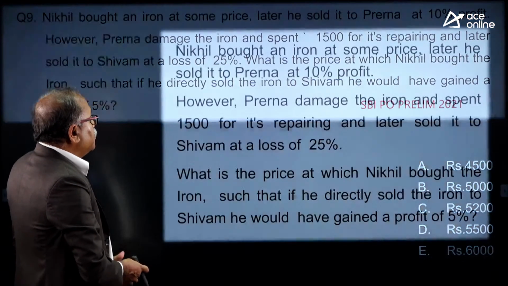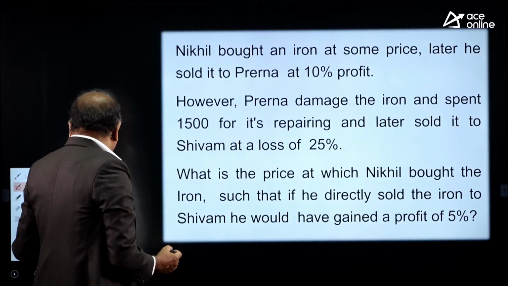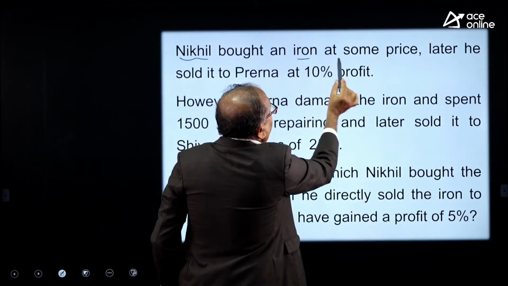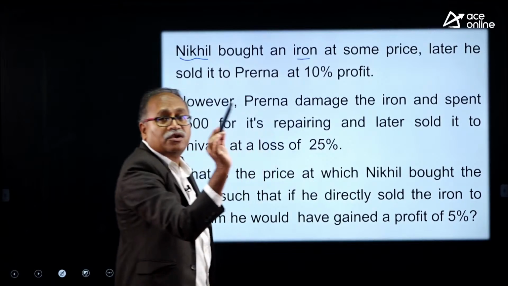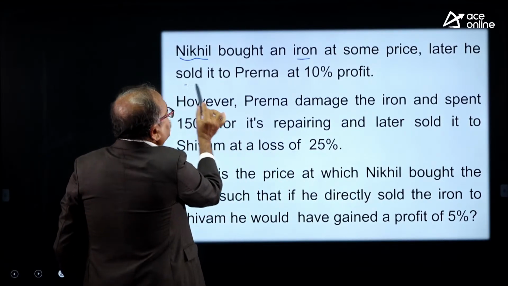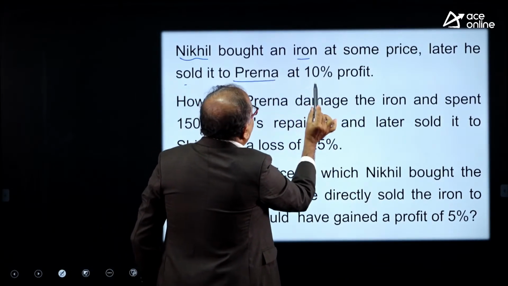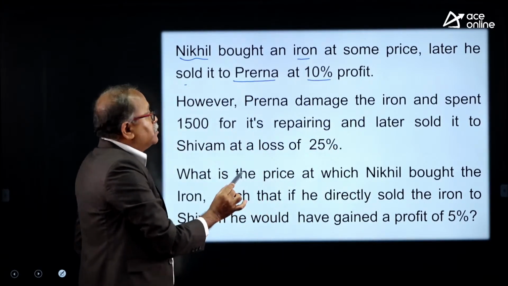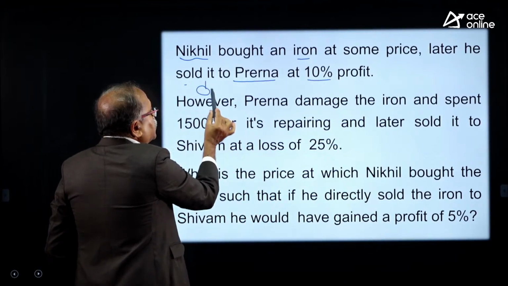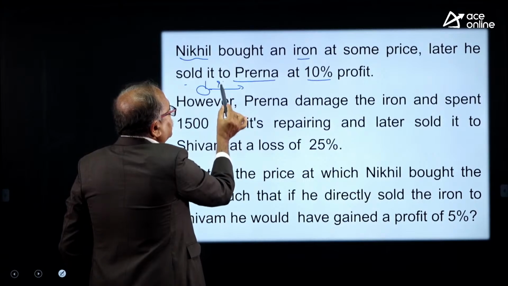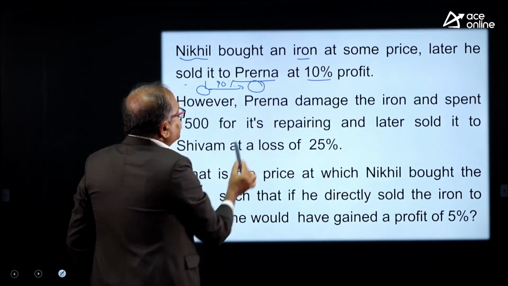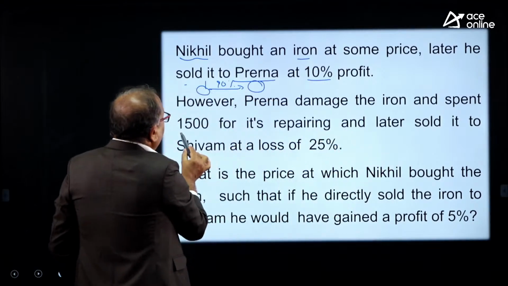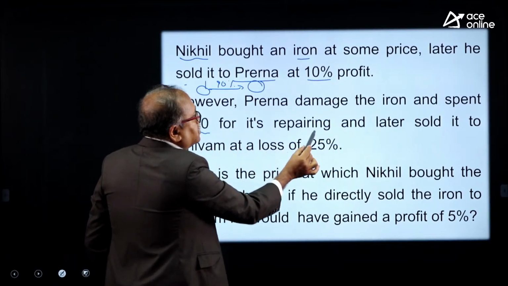Let me read out this question, bringing it closer. Nikhil bought an iron at some price, I do not know at what price. Later he sold it to Prema at 10% profit. Now, however, Prema damaged the iron and spent rupees 1500 for its repairing.